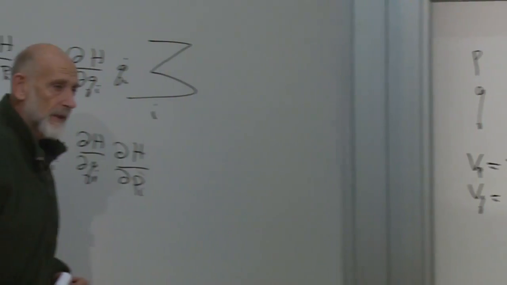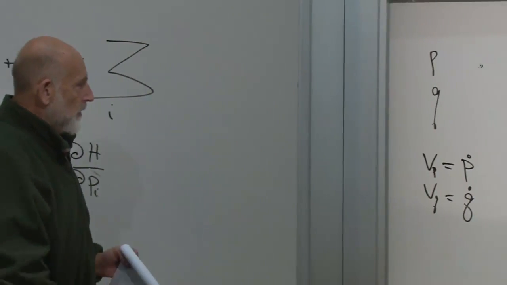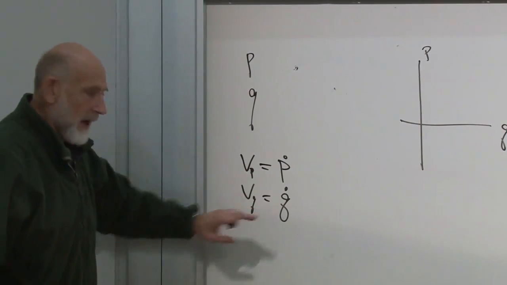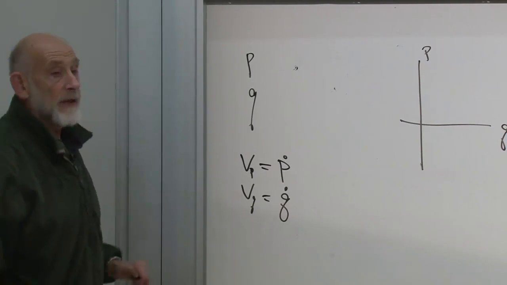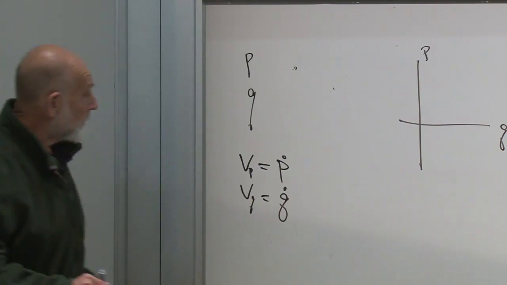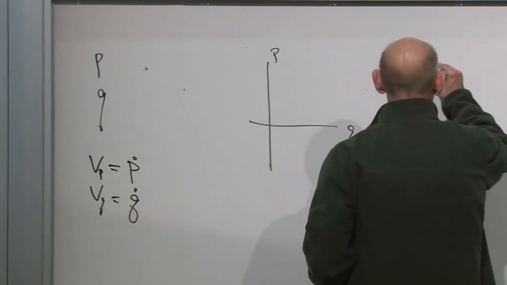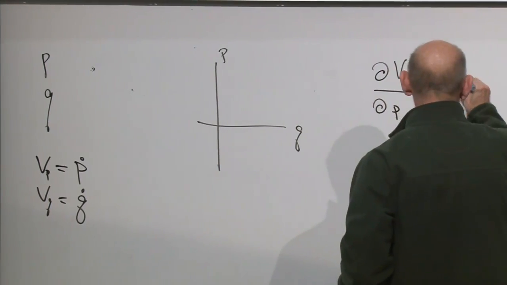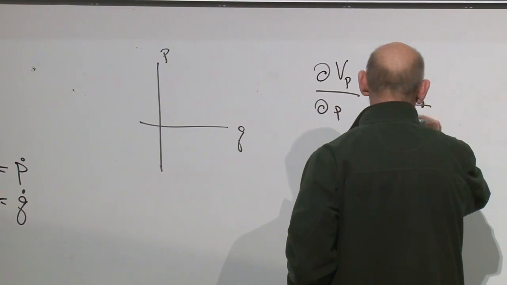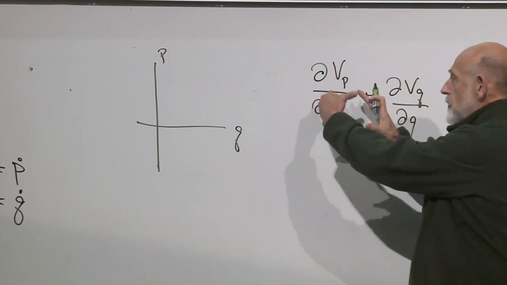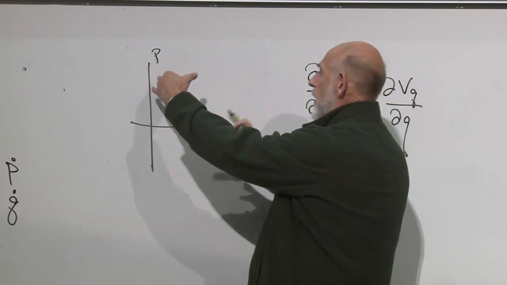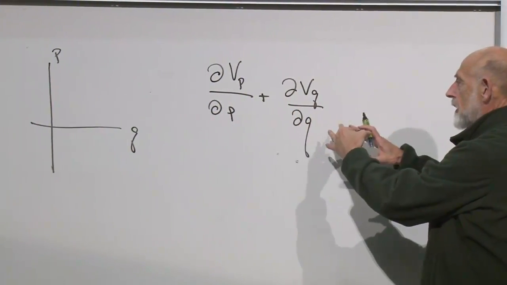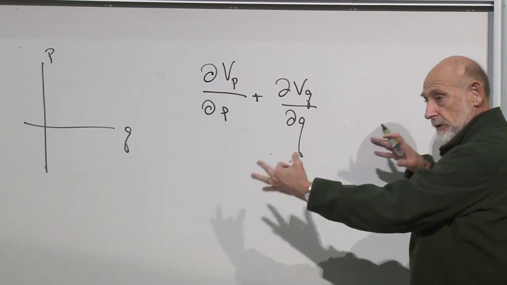Okay? So this phase space here is filled up with a velocity flow where the components are P dot and Q dot. Now let's calculate the divergence of the flow. The divergence of the flow is the derivative of Vp with respect to P plus the derivative of Vq with respect to Q. If you like, this one is telling us how much the fluid is bunching up in the p direction, and the other one is telling us how much the fluid is bunching up in the other direction.